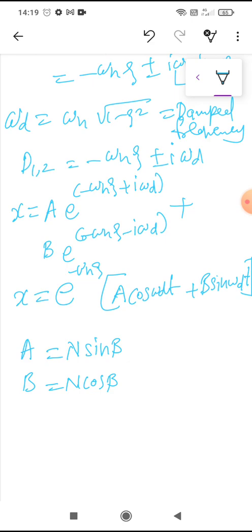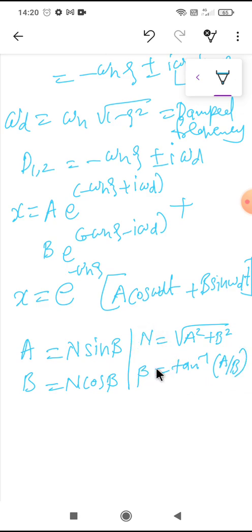So what are n and beta? If I want to find n, by using the trigonometric identity, squaring on both sides and adding, I will get that n is equal to under root a square plus b square. Similarly, to find the value of beta, I will take the ratio, so n will get cancelled, so tan beta is a by b. So beta is tan inverse a by b.